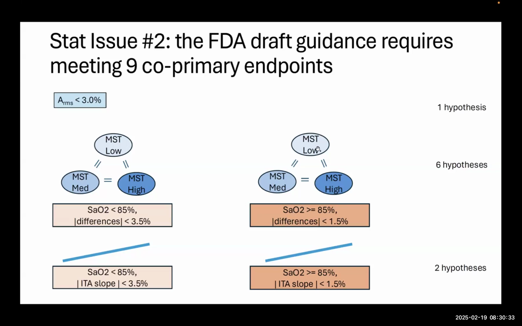In the high SaO2 range, we're doing the same thing, testing between these 3 MST groups, all for equivalence. That's 3 more hypothesis tests. Then for ITA, we have to test the slope in the low SaO2 range, and the slope in the high SaO2 range. So that's 2, 6, 1. That's 9 separate hypotheses that you need to meet in order to succeed the way it's written now.